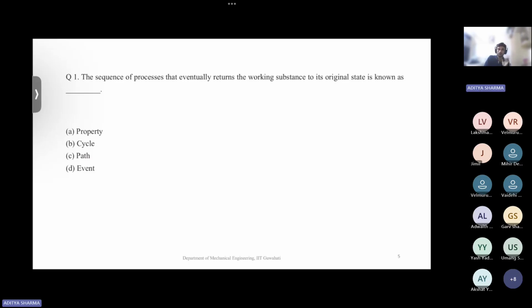Yes, if you want to switch on your mics and answer, that is also fine. If you want to use the chat box, that is also fine.